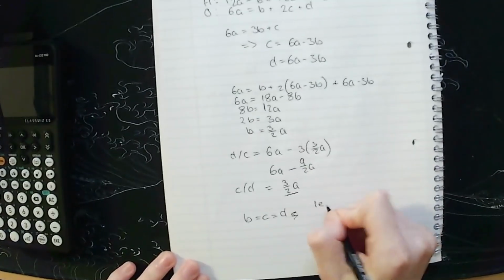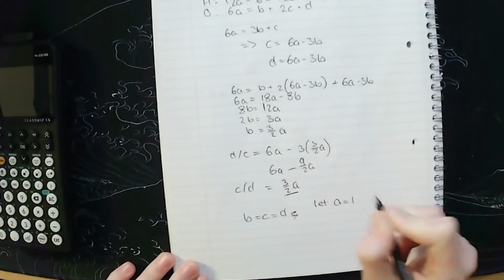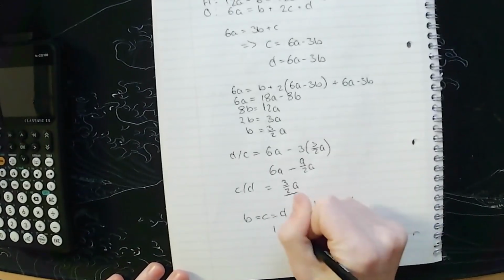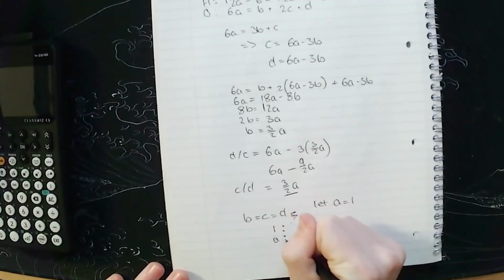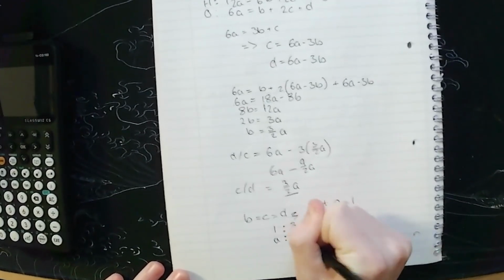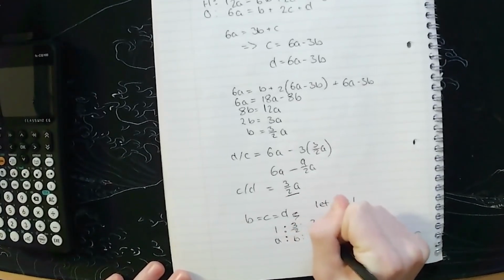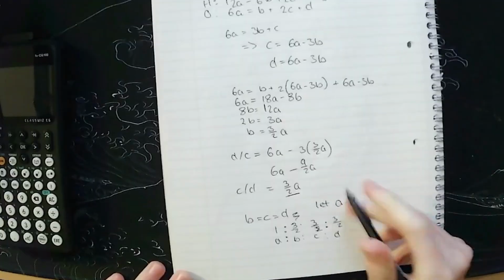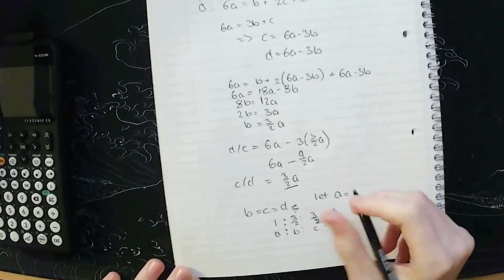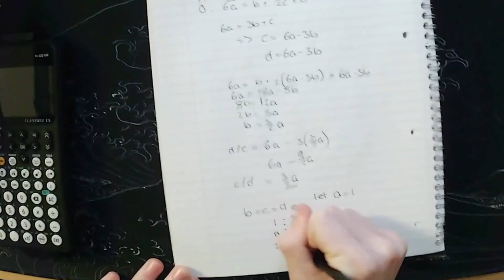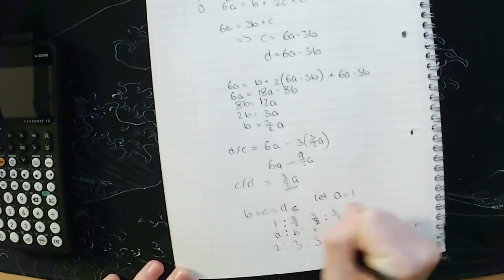But if you were to say let A equals 1, we can form a ratio to say this is A to B to C to D to get 1 to 3 over 2 to 3 over 2 to 3 over 2, and we can now simplify this ratio by multiplying through by 2 to get 2 to 3 to 3 to 3.